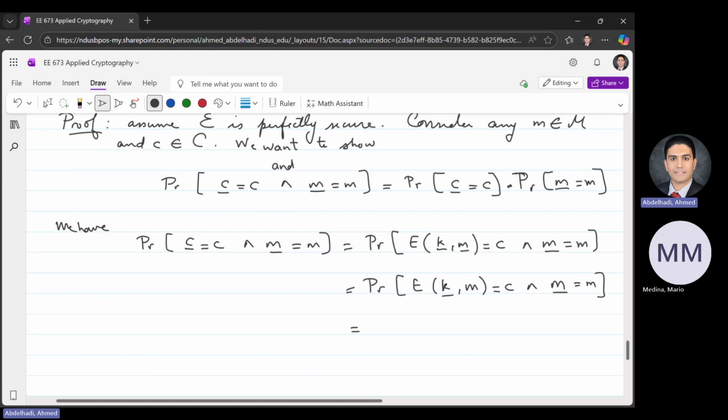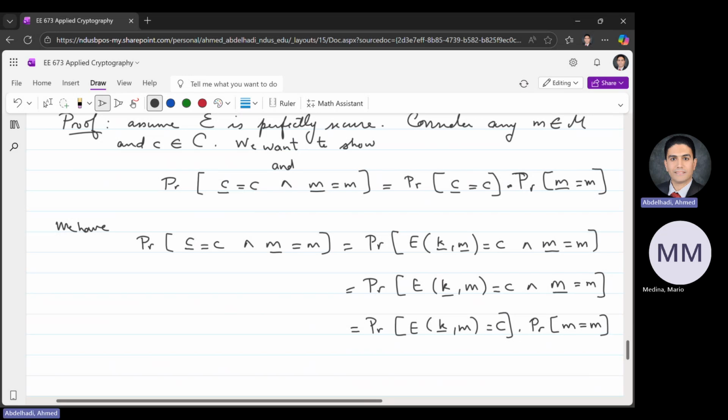So if one event has only the key as a random variable and the second has only M as a random variable, then these are two independent events, correct? So this is equal to the probability of E of K, m equals c, multiplied by the probability of M equal to m.